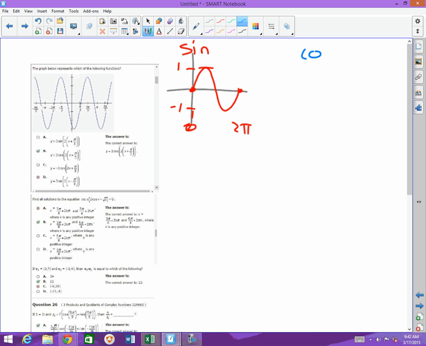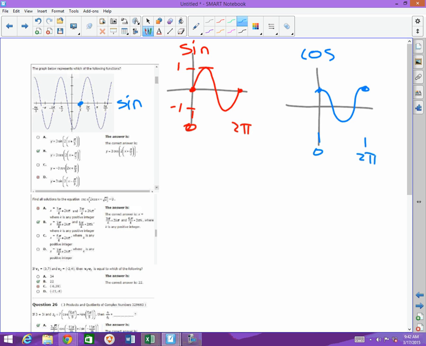Cosine, on the other hand, starts at its maximum, goes down and back up, like that. And from there to there is 0 to 2 pi as well. Okay, well, if you're looking at this graph here, you can pick some different starting points. Like if you pick this one, then you could use sine.